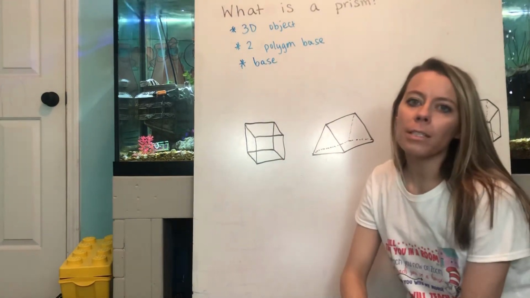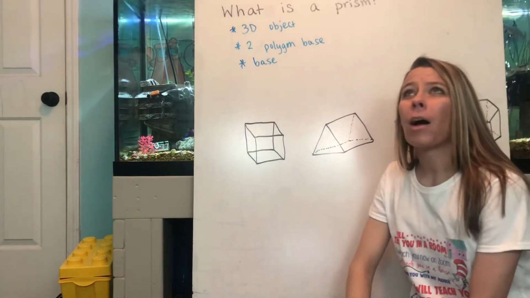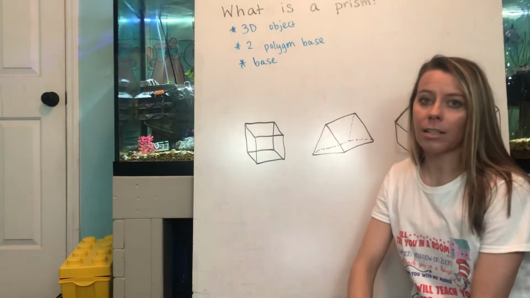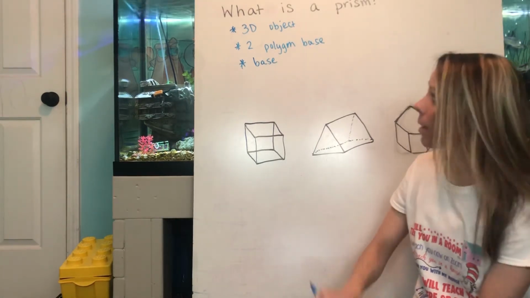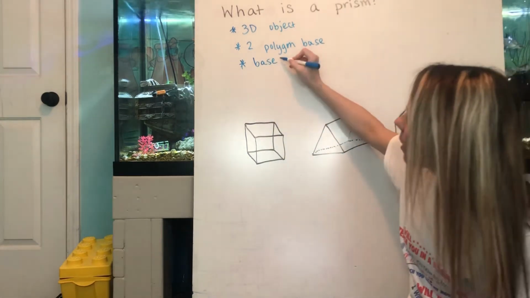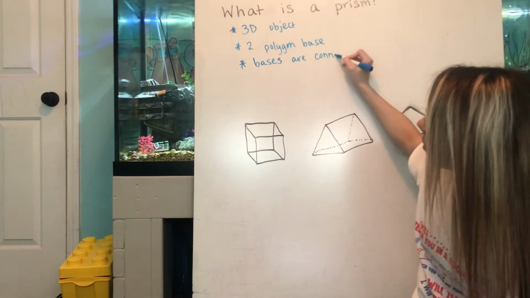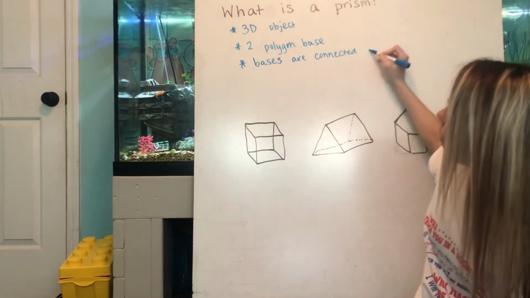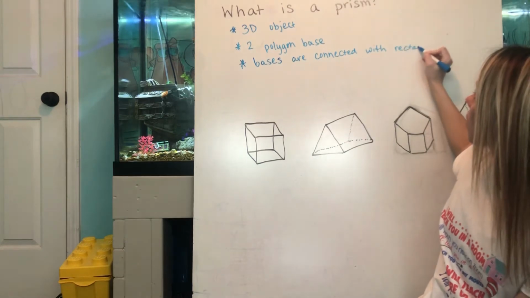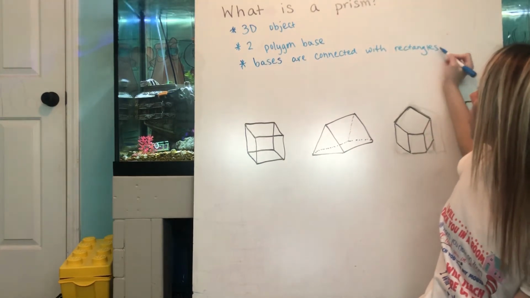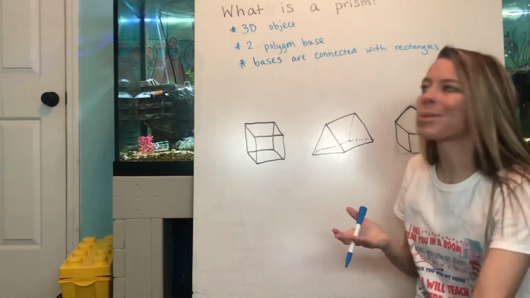For our purposes, we're going to be using rectangles. However, it is true that you can connect a prism with parallelograms, but I'm just going to put bases are connected with rectangles, because for the purpose of this class, that's all we're going to use.